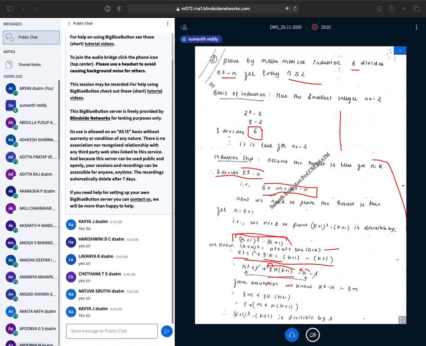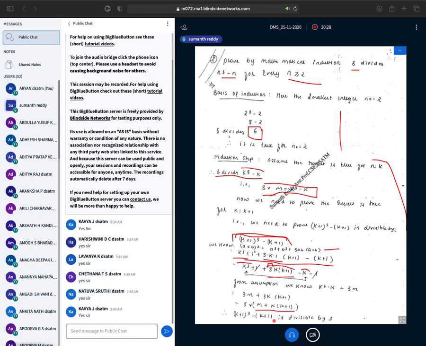From the assumption stage, we know that k cube minus k is equal to 3m. I'll repeat, k cube minus k is equal to 3m. So I will replace k cube minus k with 3m and write the rest as it is. Now I take 3 common, and I'm left with m plus k into k plus 1. So this entire term is a multiple of 3.